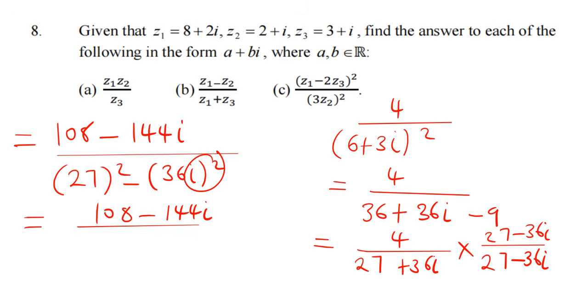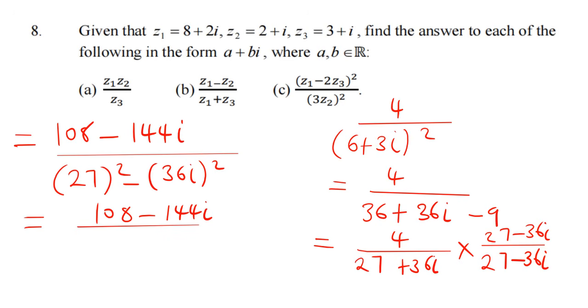Negative 36, so 36 squared. Because we're just going to do 27 squared plus 36 squared. Why? Because the i squared is a negative, so it's going to give us a positive there.